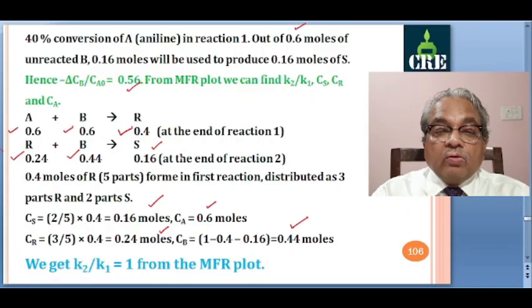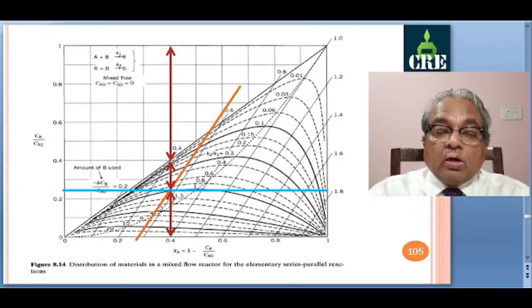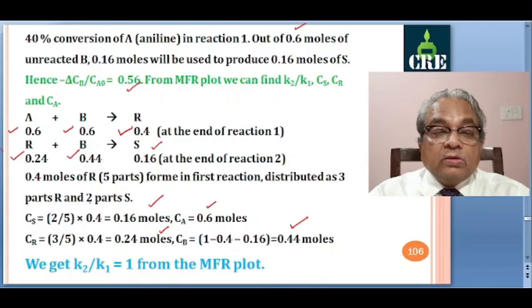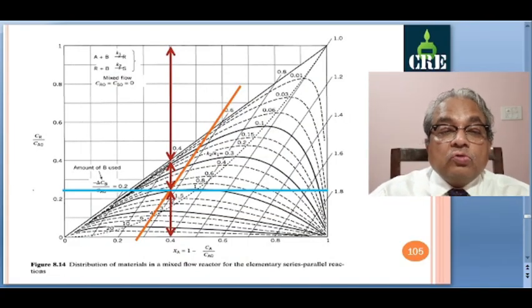So what information we have? Cr is 0.24. On this line, if I locate the point for CR equal to 0.24, you can draw this horizontal line CR equal to 0.24, and where it cuts, this point lies on K2 by K1 equal to 1.